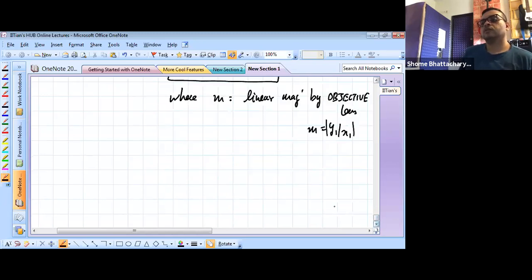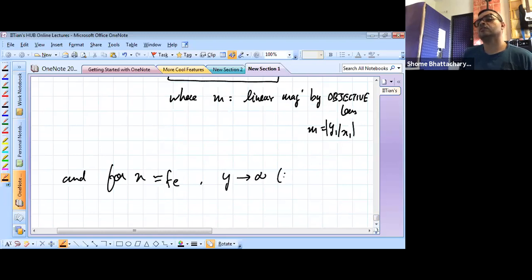Okay. Now, once again, for x equal to the focal length of the eyepiece, y tends to infinity or is very large. So this is called the normal adjustment position.